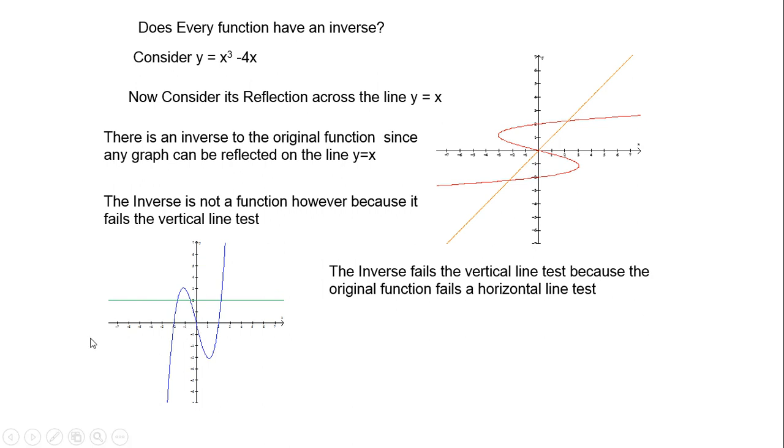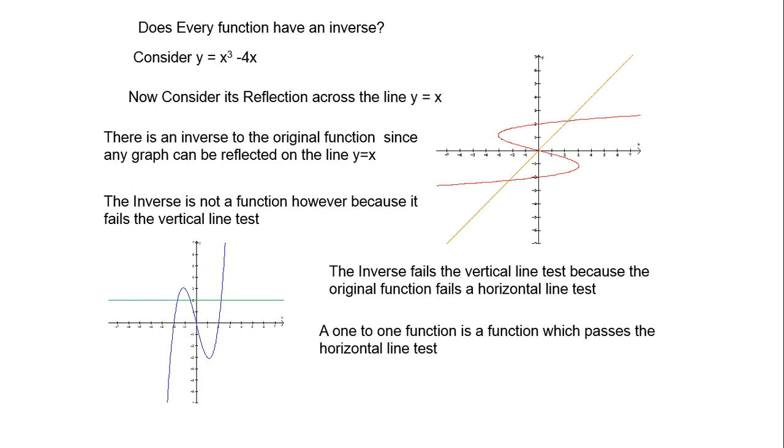Well, when you reflect a horizontal line across the line y equals x, it becomes a vertical line. And if a function initially fails a horizontal line test, then its inverse will fail the vertical line test.